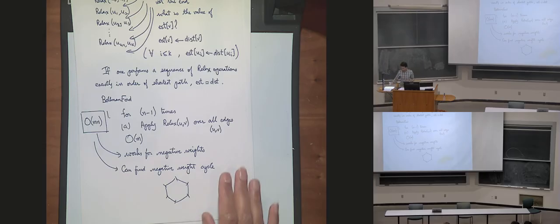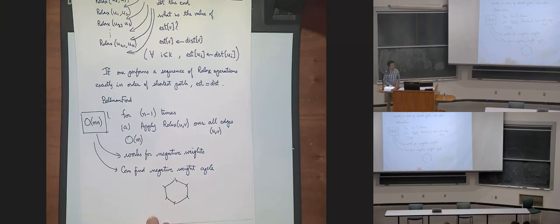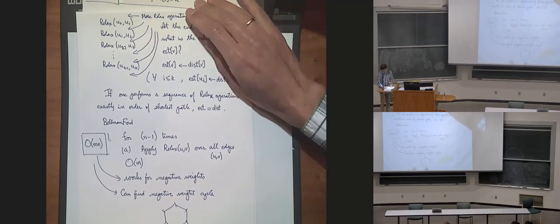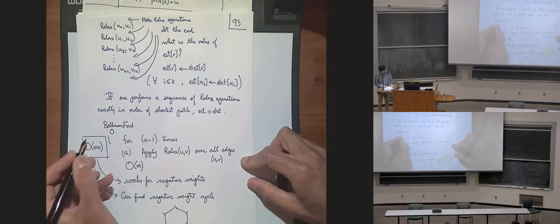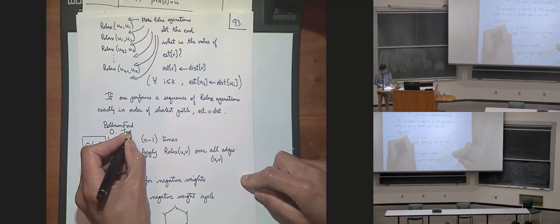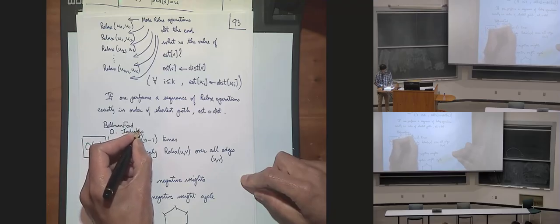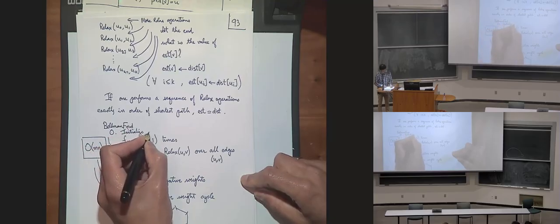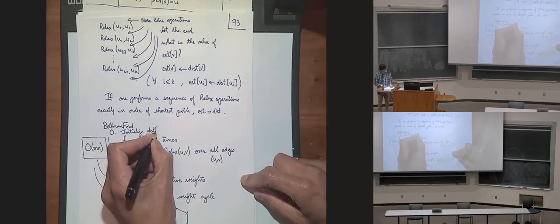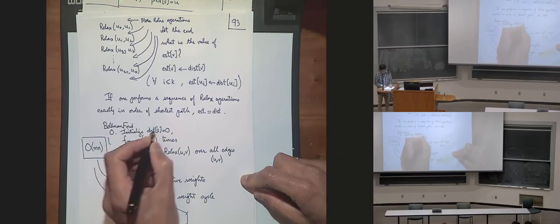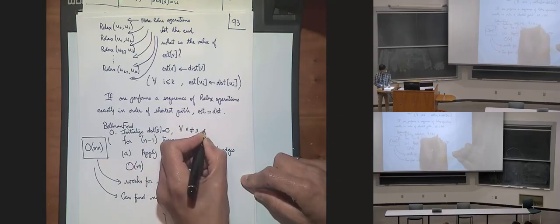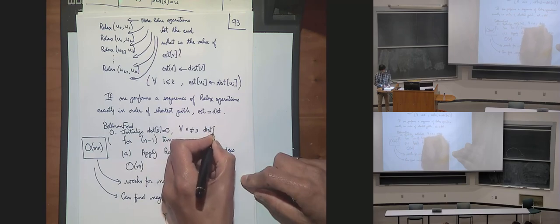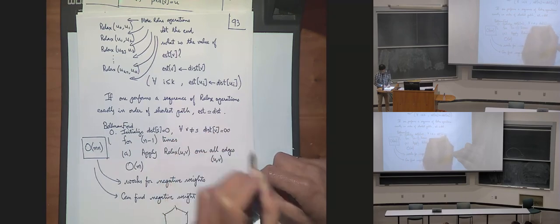The other surprising thing here is that the zeroth step is to initialize dist s equals 0, and then for all v not equal to s, dist v is equal to infinity.